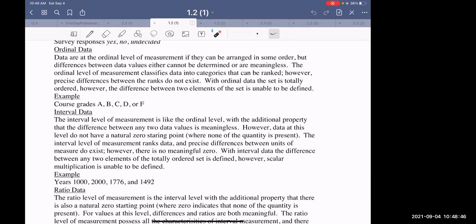What is 0 degrees Fahrenheit? Don't know. It's whatever. It's 0 degrees. It doesn't mean anything.